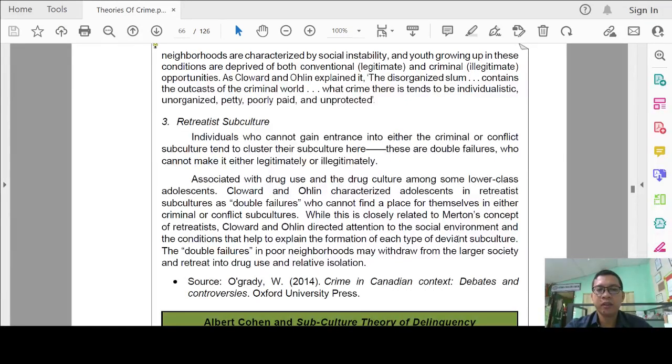So, the retreatist subculture, we see, is not only referring to drug use. It involves people who experience frustration. They will result in this retreatist subculture. If we subject somebody to examination when it comes to their frustrations, many people engage in alcoholism and drug use. Why? Because of the frustration, the failure.